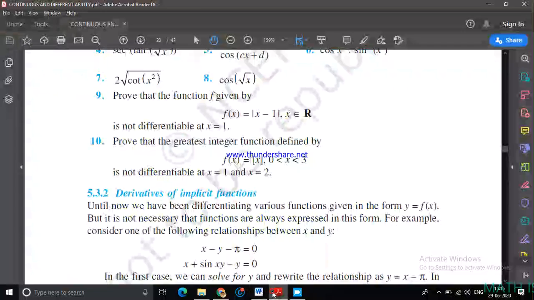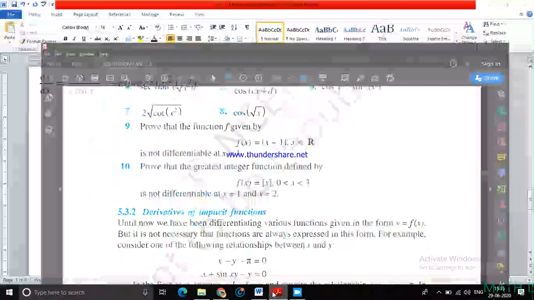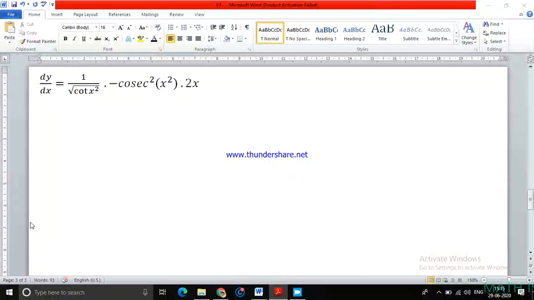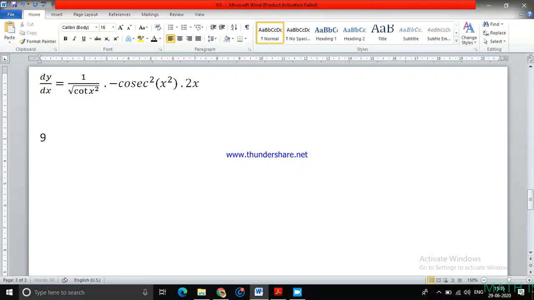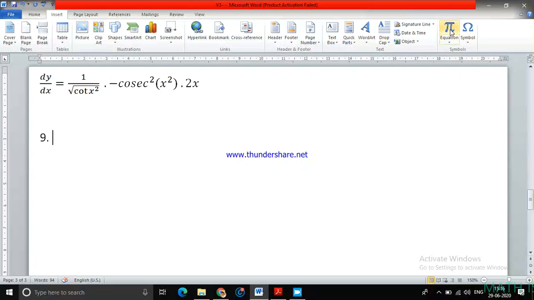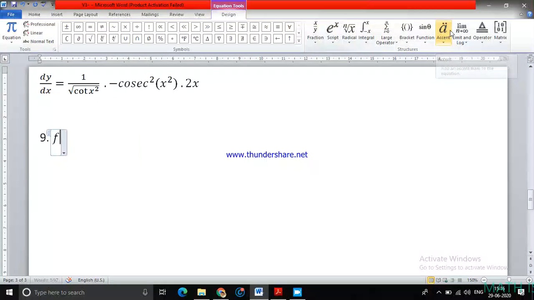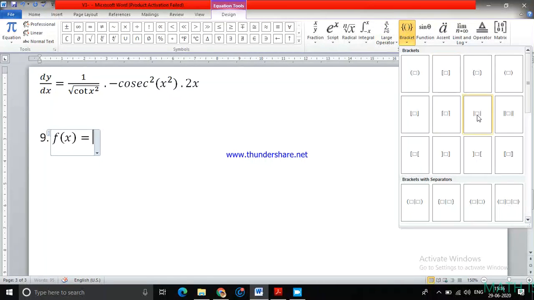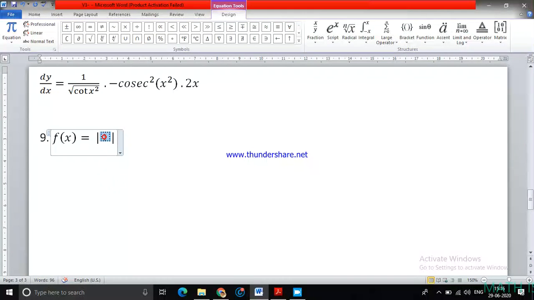What is the question number? It is 9. So when I come to question number 9 here, let's see what we got. The function is given as f of x equals mod x minus 1.